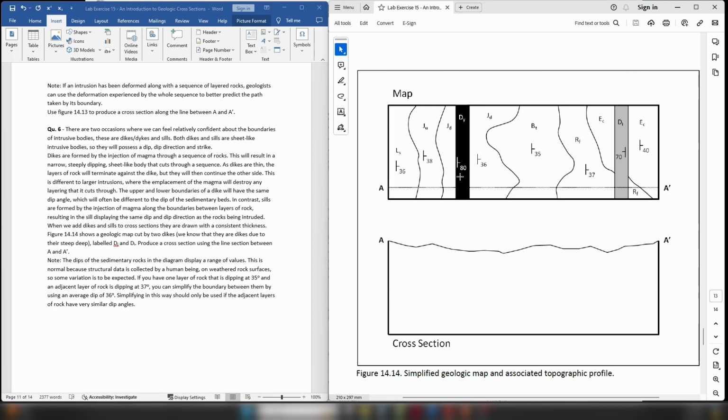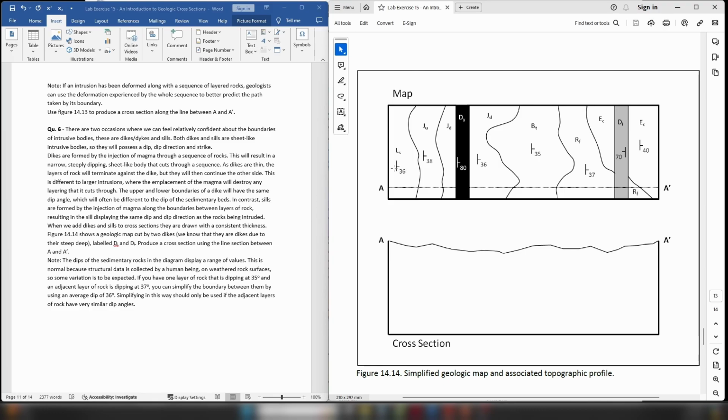Now, another thing you need to note is that the dip angles are not consistent across the map. So we've got 36, 38, 36, 35, 37, and 40. Now, when we have this kind of data, which is more realistic, when we are drawing the dip angle of our boundary as we project it underground, we are going to be using the average between the two adjacent layers.